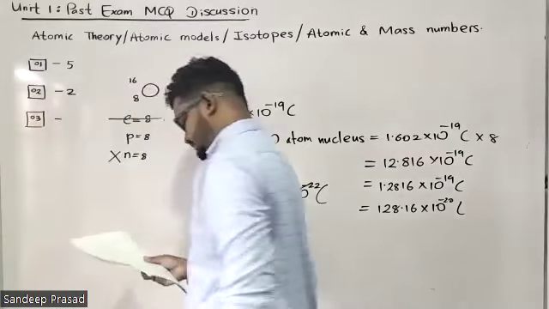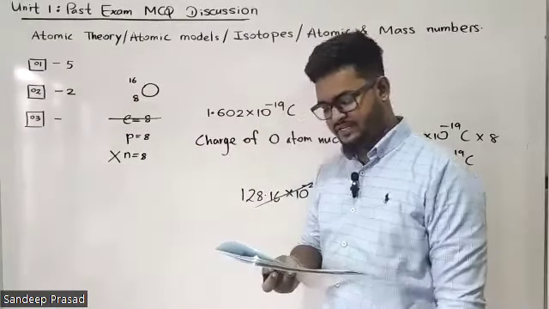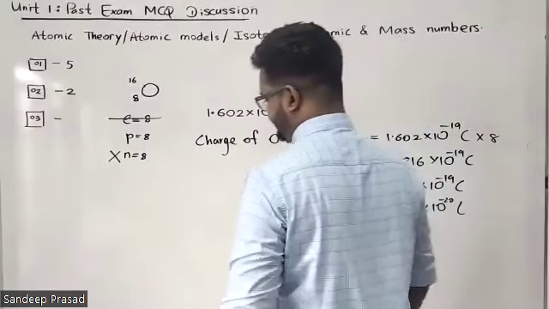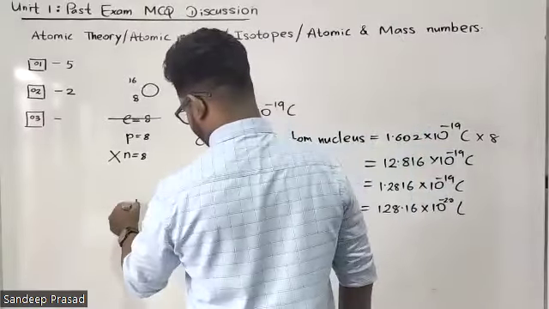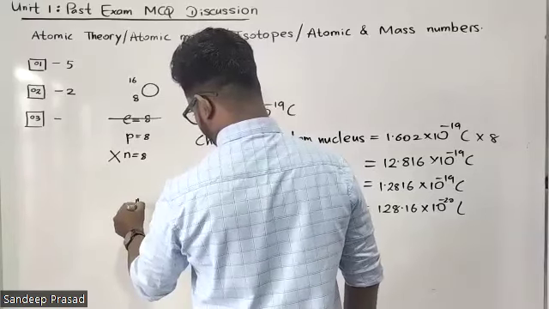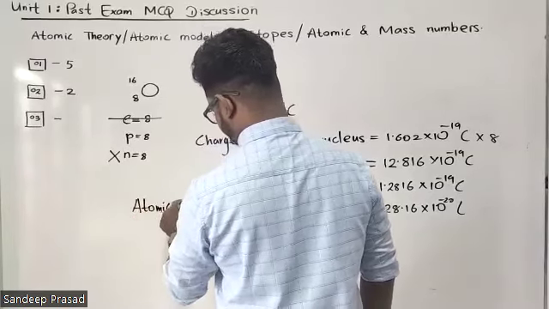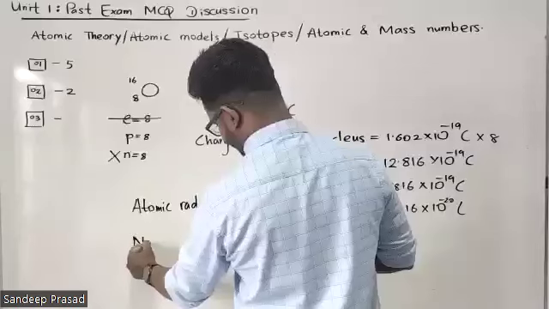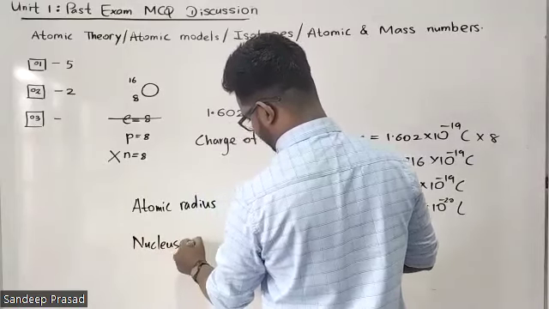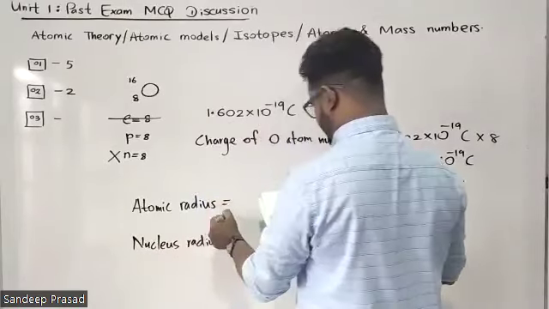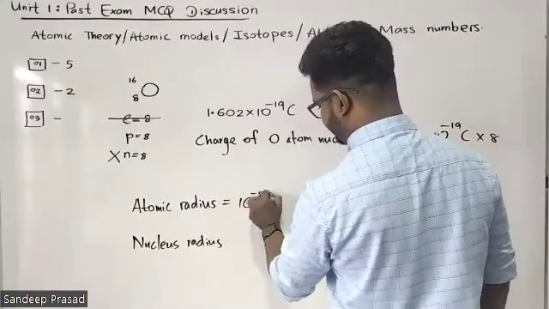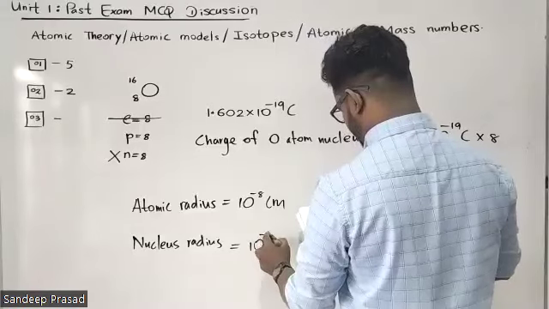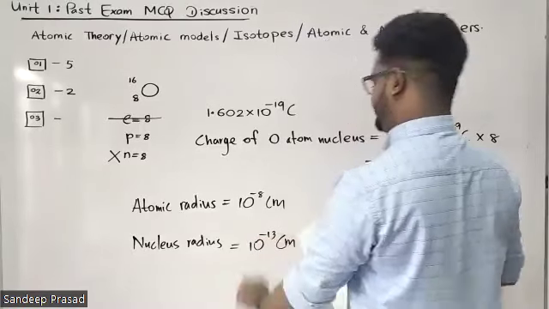Question number 3. The radius of an atom is in the order of... Remember students, we have discussed this under Rutherford's atomic theory. In Rutherford's atomic model, we can consider that the atomic radius is about 10 to the power minus 8 centimeters, and the nucleus radius is about 10 to the power minus 13 centimeters.